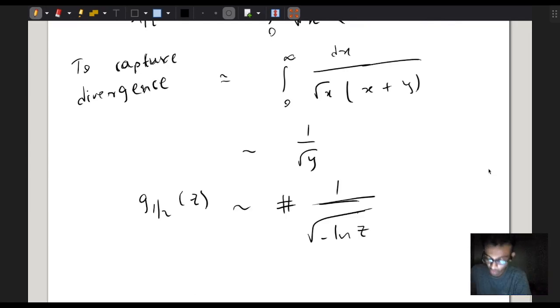So z is less than 1, we are approaching z to 1 from below, so this is fine. Whatever is inside the square root is positive. So this is how the Bose-Einstein function g 1 by 2 diverges near z going to 1.